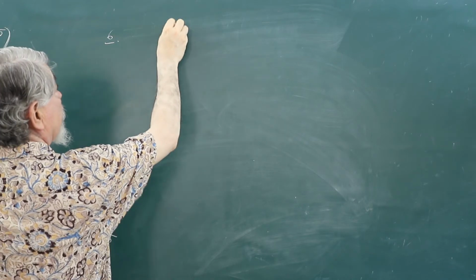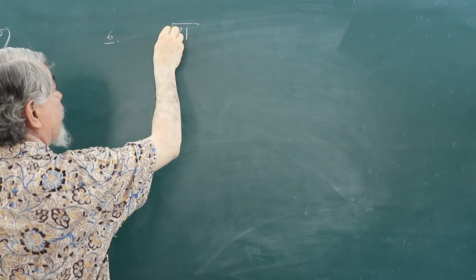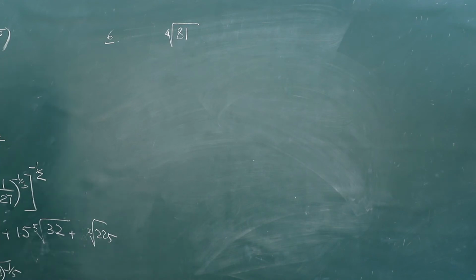I have root 81, and when we write 4 here, that means to the power 1 upon 4. We have explained it to you.